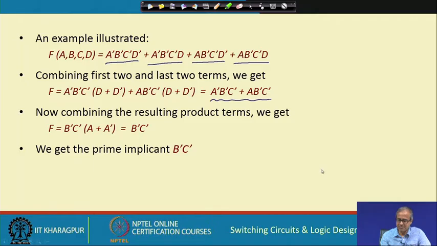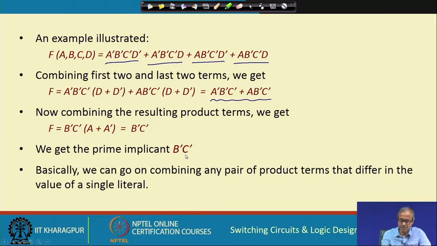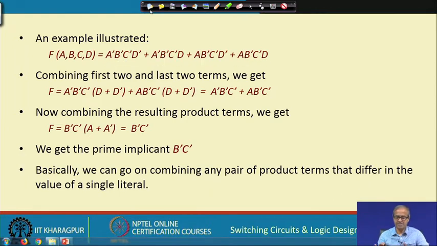So, the idea is as follows: whenever you have these minterms, go on applying this rule whenever possible, as many times as possible, ultimately you land up with something, those will be the prime implicants. We go on combining any pair of product terms that differ in a single literal value. This is the basic idea behind the tabular method, which we shall be illustrating with some examples.